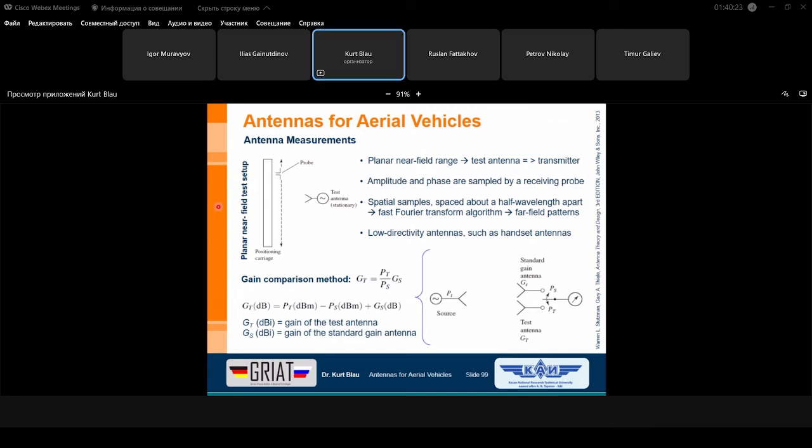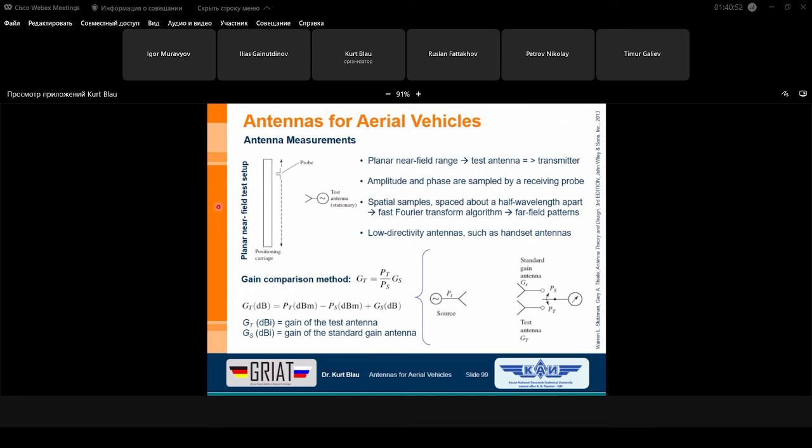The gain comparison method is very useful to measure the gain of our antenna. In this case, let's switch back to an outside antenna.